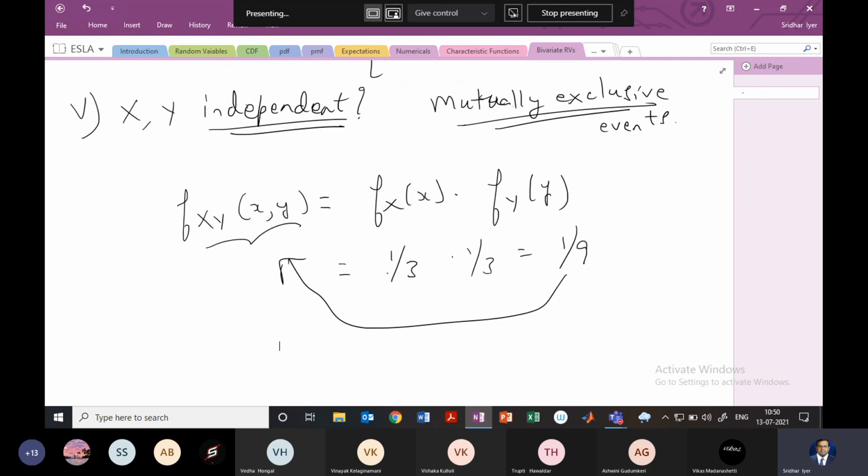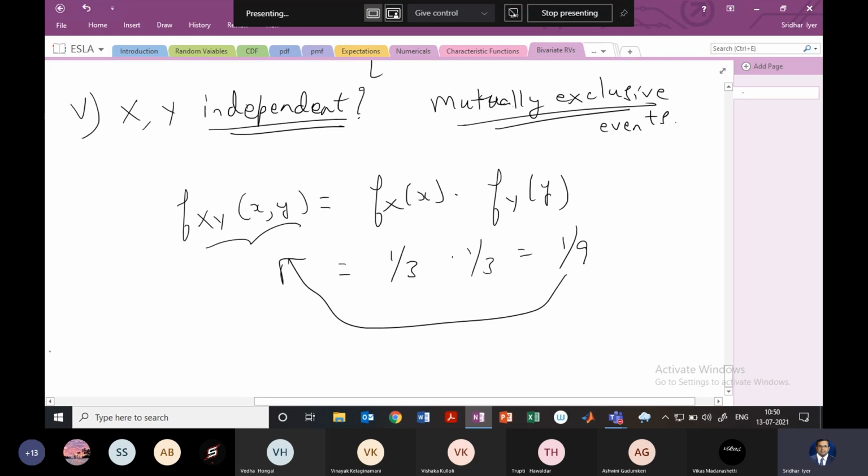This is a very important concept. We'll be dealing a lot with independence in this module. Are the two events independent or not? I suggest that you be very comfortable with independence and also mutually exclusive, because we'll have these coming back again and again in many numericals. In terms of CDF and PDF in this module, you will only encounter these kinds of questions.